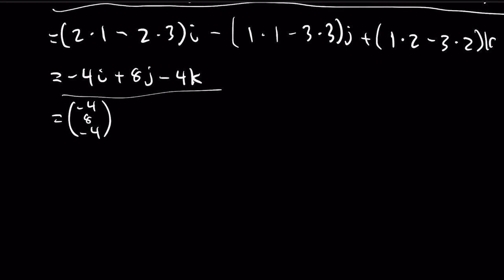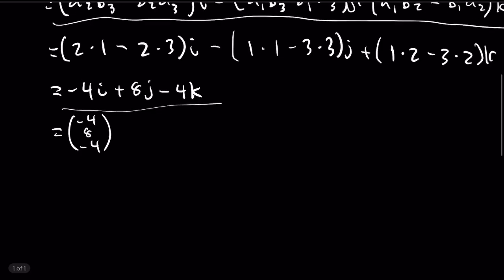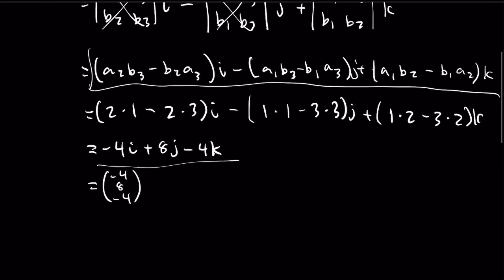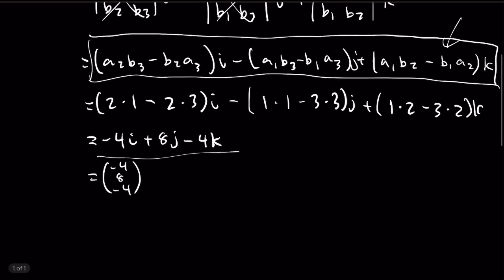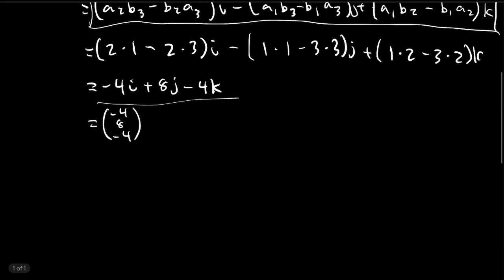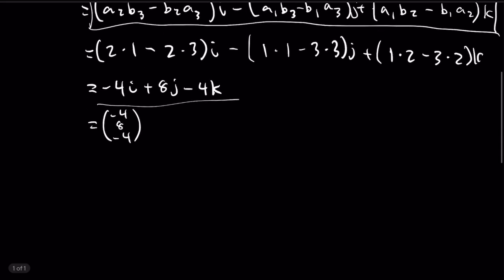Now, this is the first method of doing it, but if we go back to this step over here, you may notice that this is a general form for finding the cross product of two vectors. And we can just use this as a general formula. So first, let's turn this into component form to make it easier to understand.